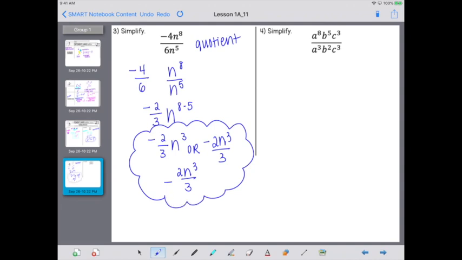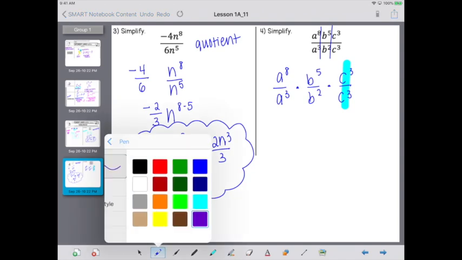For number 4, I have 3 different bases. So that means I'm going to separate them. A to the 8th power over a to the 3rd, b to the 5th power over b to the 2nd, times c to the 3rd over c to the 3rd. C to the 3rd over c to the 3rd just is going to be 1.